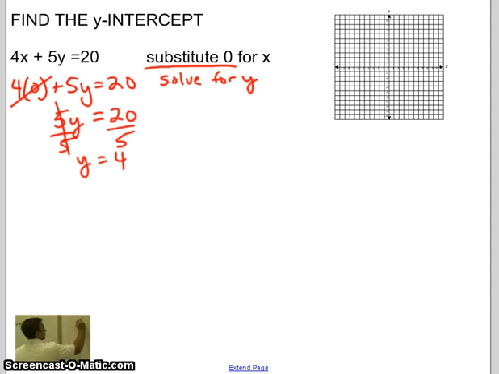I miswrote it earlier. So the y-intercept is, x was 0, y is 4. So (0, 4), that point right there.